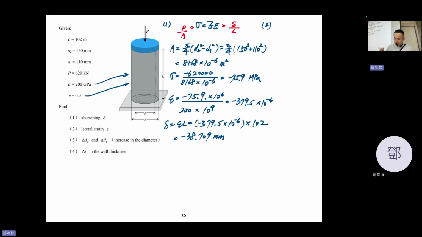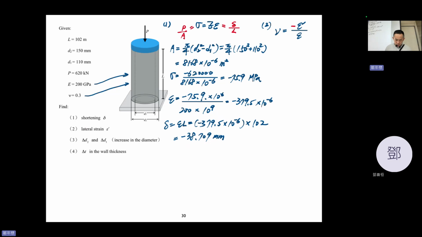All right. Next, second problem. Lateral strain. Lateral strain is epsilon prime, right? What connects epsilon prime to epsilon? Of course, it is the Poisson ratio with the minus sign. Don't forget this minus sign.